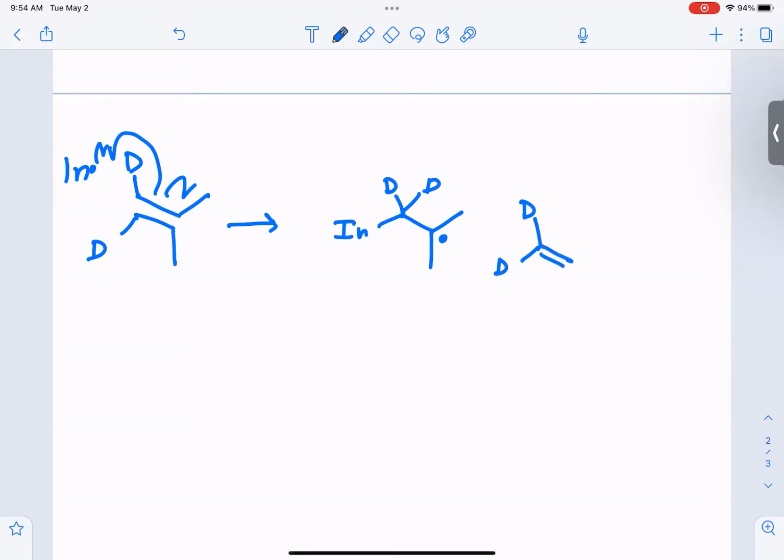So just to be clear, we're in chain growth at this point when the initiator is reacting. All right, so that would be like step 2. Remember, the initiator step was where you form the initiator radical. So now we're in the chain growth phase.